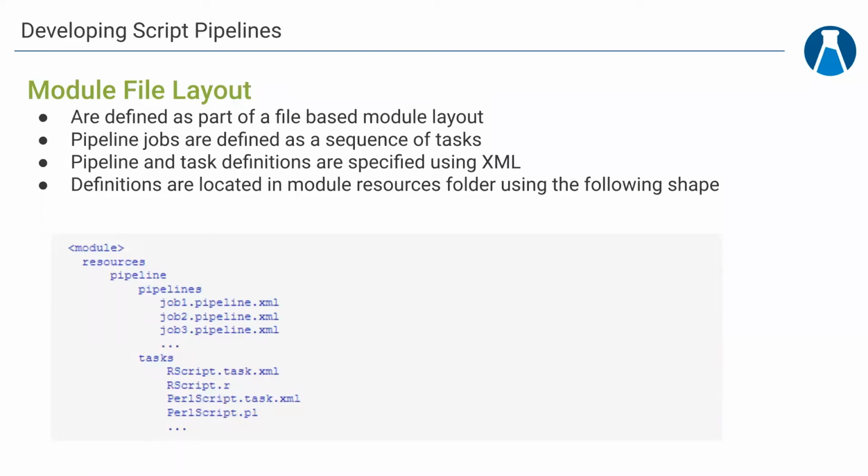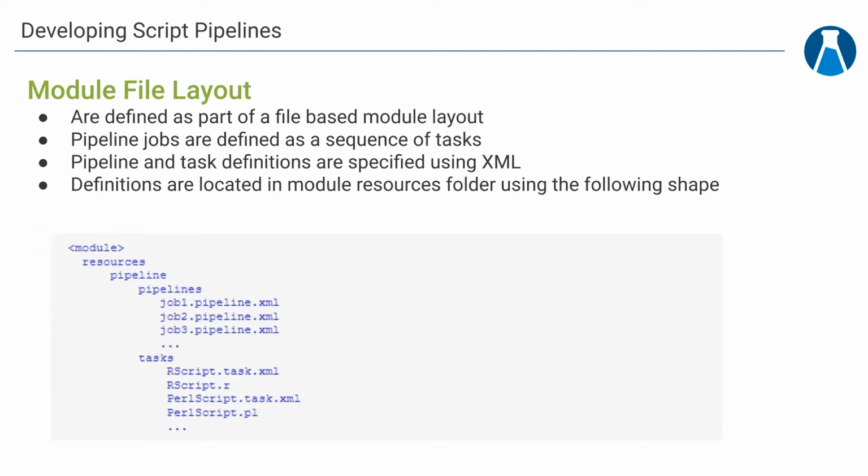Within our file-based modules, we have a set of naming conventions and location conventions so that the system knows where to look for these things, can identify them, and then deploy them so that we can actually use them. It's all about the layout.